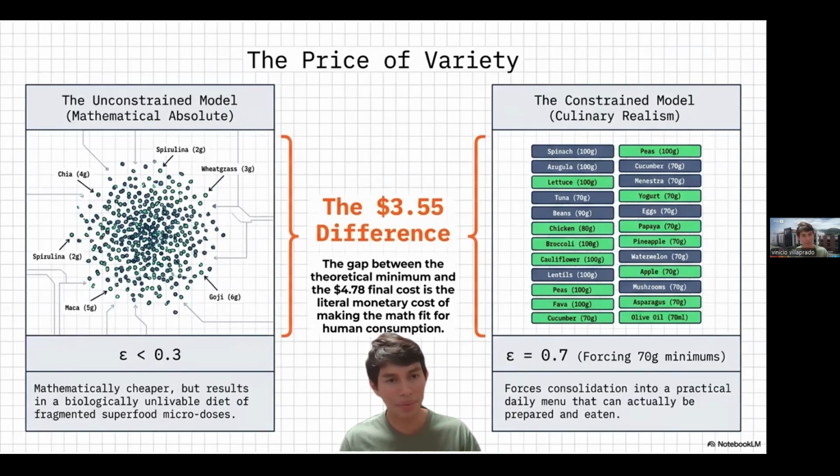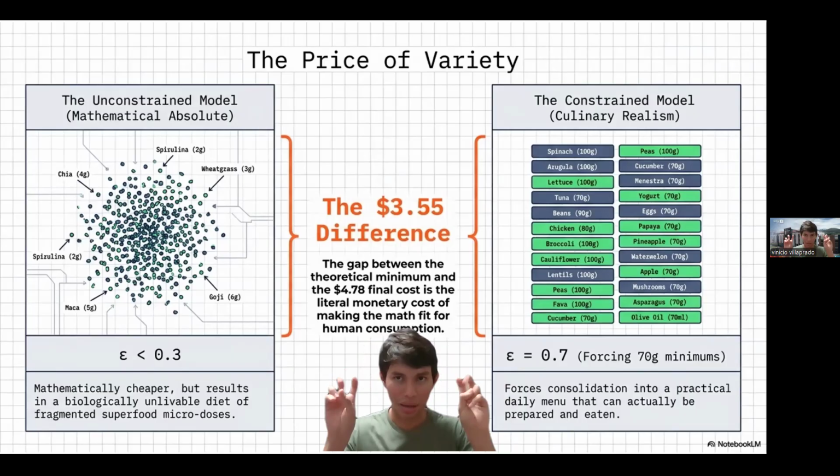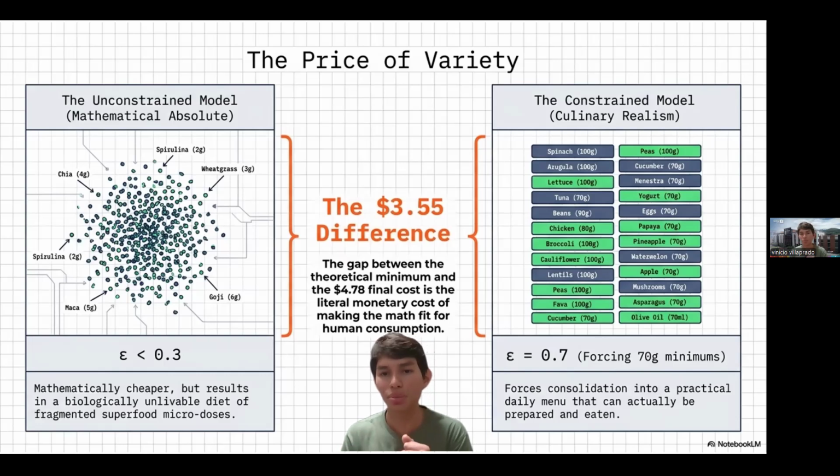If my lower bound is less than 0.3, then I get a cheaper solution with a cost of $1 and something, but it makes no sense eating 0.1 gram of spinach or other vegetables. So to ensure variety, it's better that epsilon is greater than or equal to 0.3.